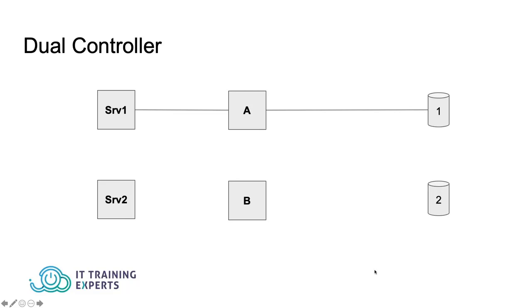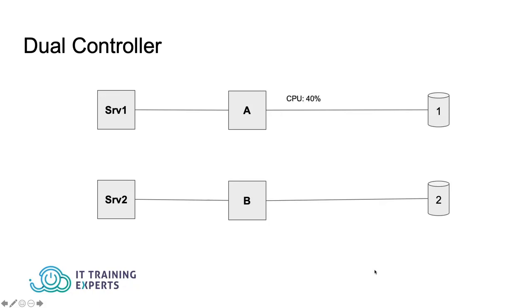Server 2 is independent of server 1 and it's using controller B, accessing volume 2. Now in this very, very simplistic way of looking at it, you're doing some level of load balancing here, but both workloads are completely independent and there's no load balancing between server 1 and controller A and B and vice versa with server 2. Each are working with their own storage controller.